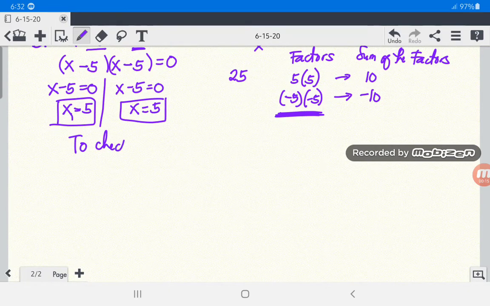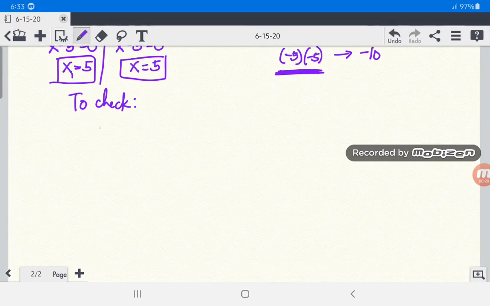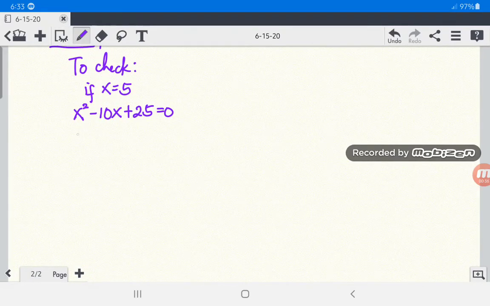Now, to check, if x is equal to 5, then using the original equation, x squared minus 10x plus 25 equals 0, you substitute. The value of x is 5, so 5 squared minus 10 times 5 plus 25 equals 0. 5 squared is 25.